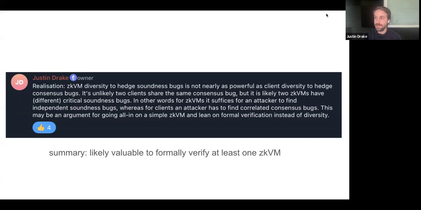And with ZK, it's much easier to have Vouch-style multiplexing, and so this to a very large extent counterbalances the fact that if you have a ZKVM bug, it might compromise the whole ZKVM, and so you can't trust it at all. There are still some compounding effects.